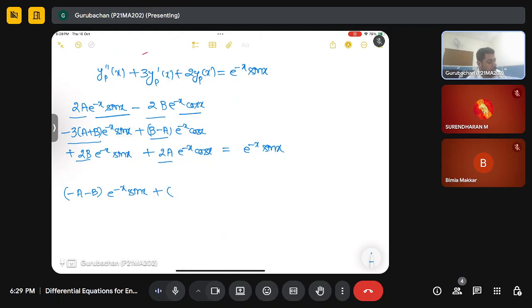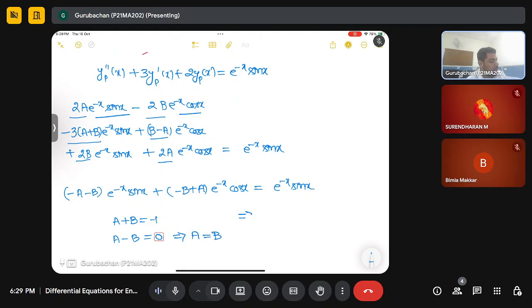So from here we will get (a minus b) e to the power minus x cos x. If you compare the coefficients, you will get a plus b as minus 1 and a minus b as 0. Since a minus b is 0, this will imply a equal to b.